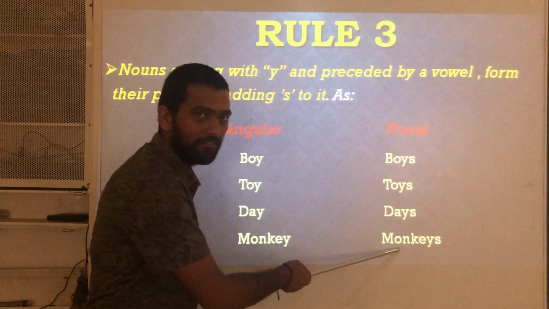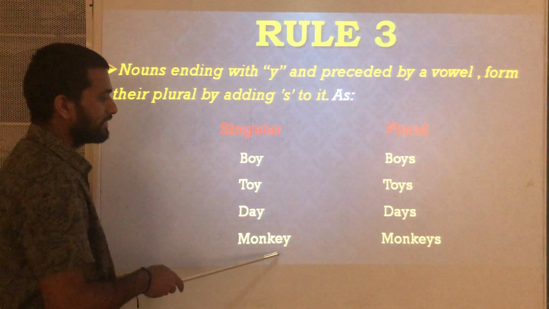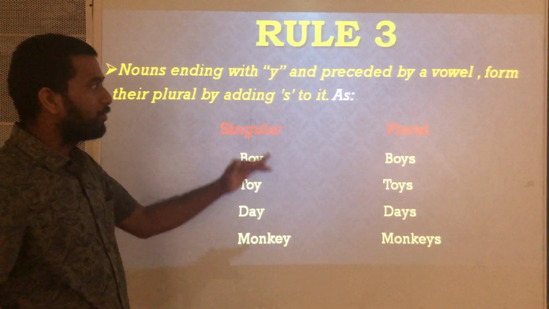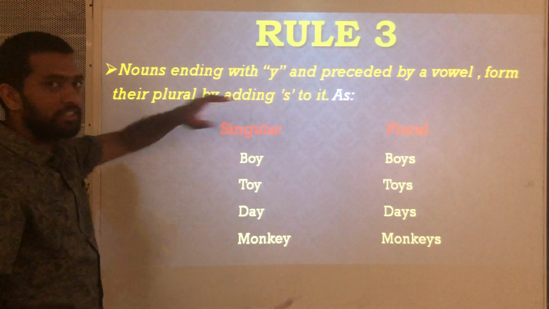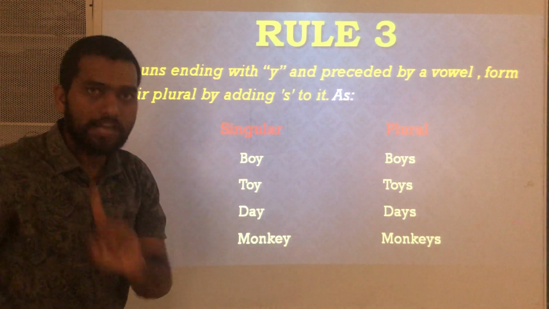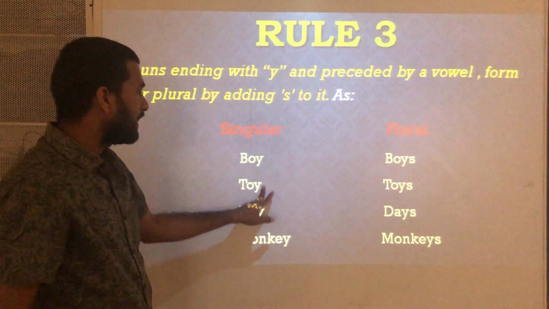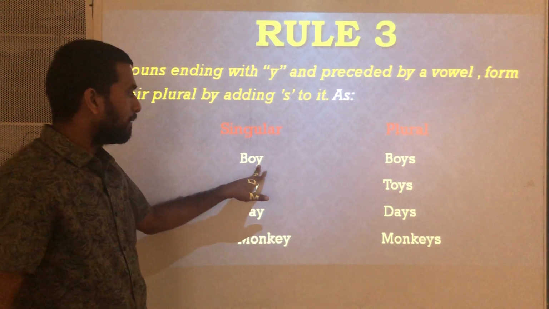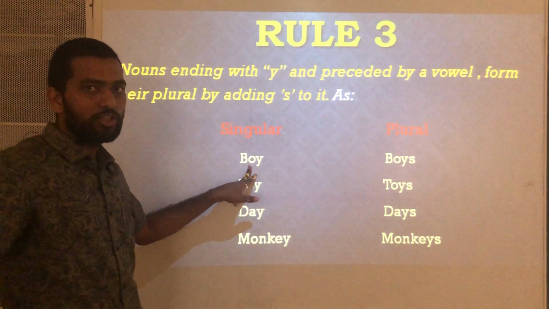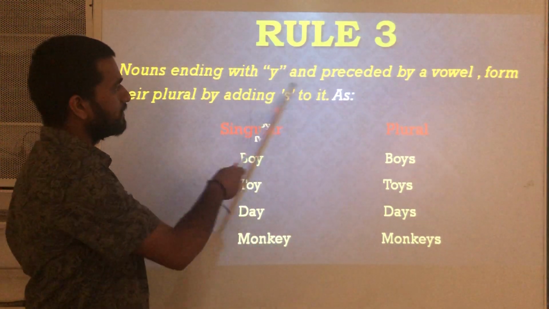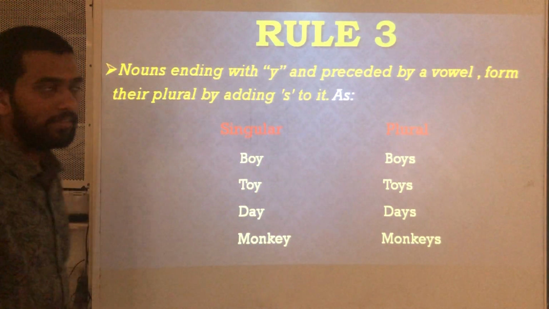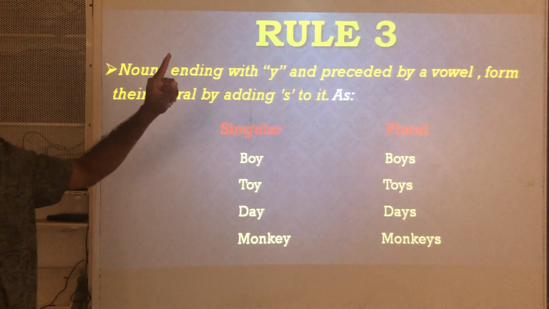This is the plural form of this word. In the same way, try to write the remaining examples of rule 3. You have to choose the nouns which have y as the last letter and a vowel before it, and convert them to plurals by just adding s to it. Okay, you understand rule 3?